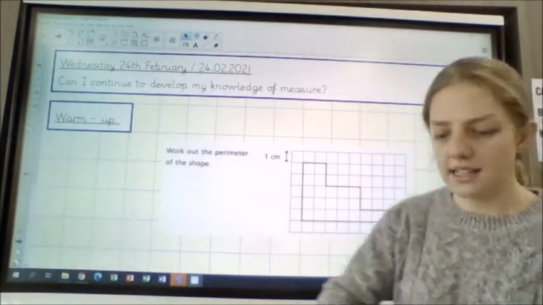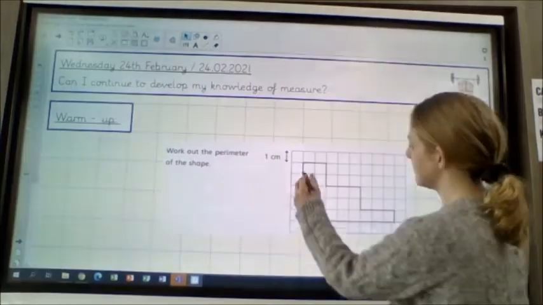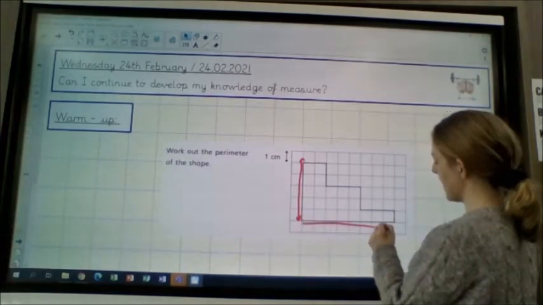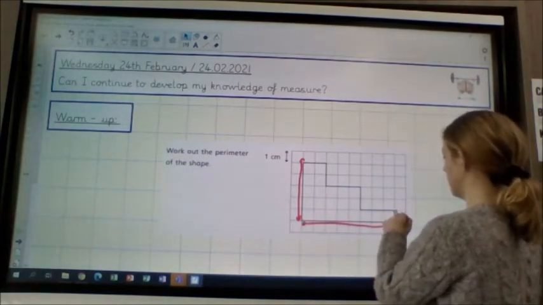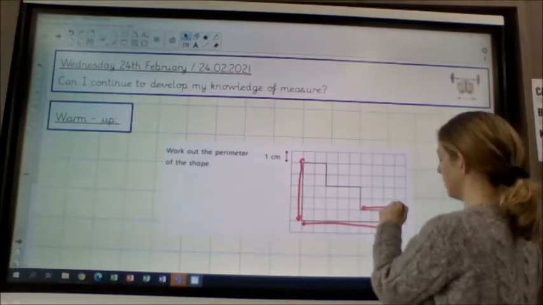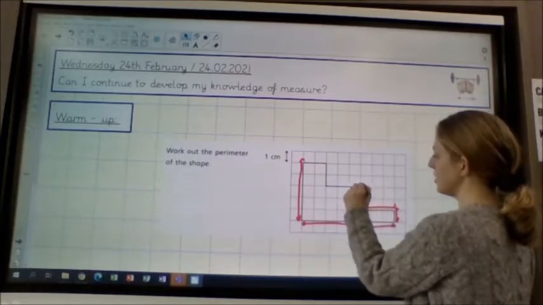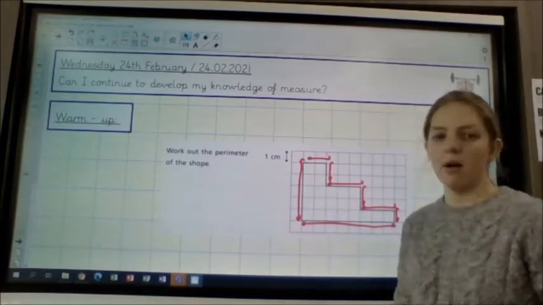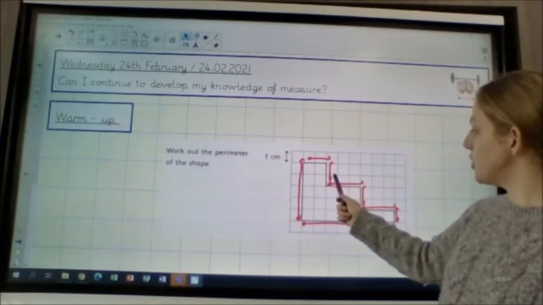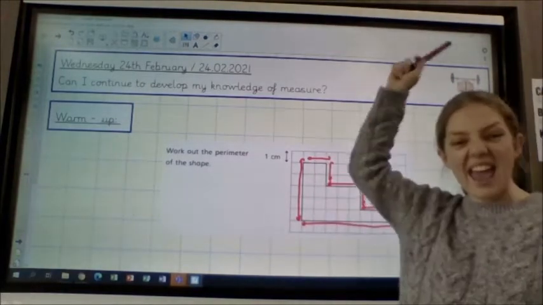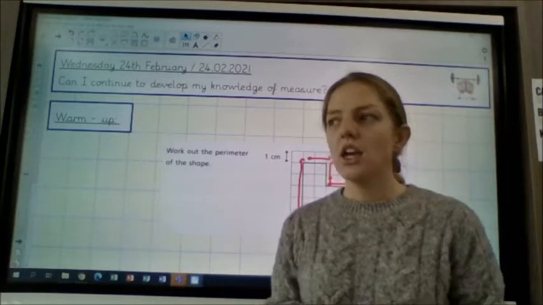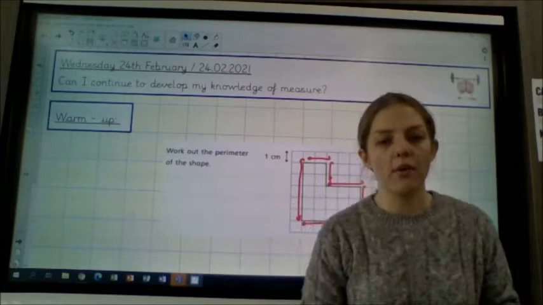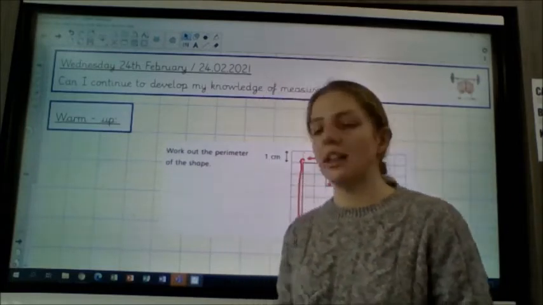So all you're doing today for your warm up is working out the perimeter of each side of this shape, and then you're going to add them up. Okay, so you've got 1, 2, 3, 4, 5, 6, 7, 8 sides to this shape. You're going to work out the length of each side, and then you're going to work out the perimeter by adding up each length.